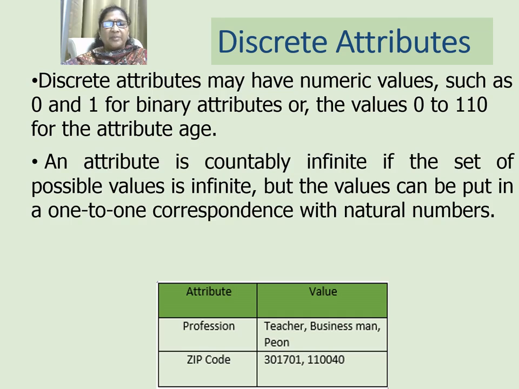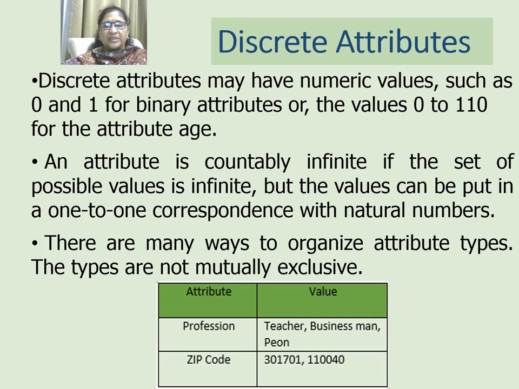The attribute can be countably infinite. In discrete mathematics, you have learnt about what is a countably infinite set and what is an uncountably infinite set. For any set, if you can have a one-to-one mapping between the set of natural numbers and the given set, then we say that it is a countably infinite set.